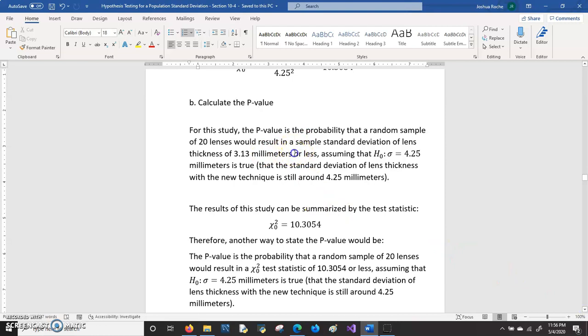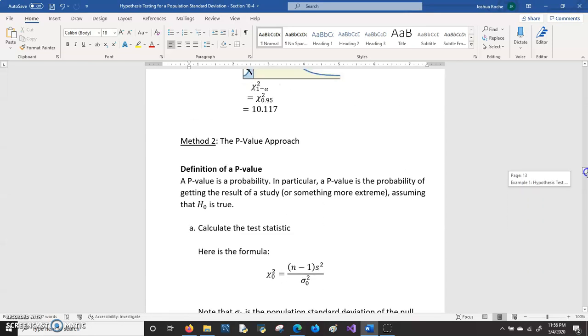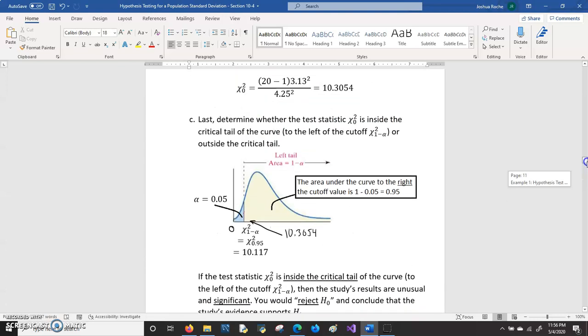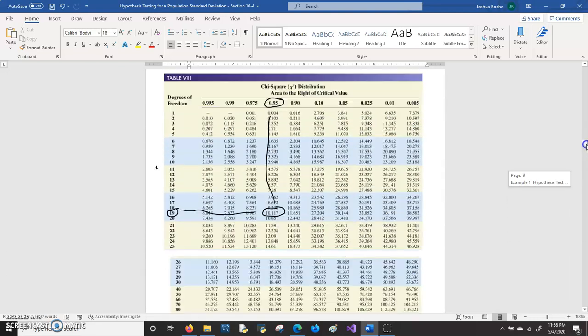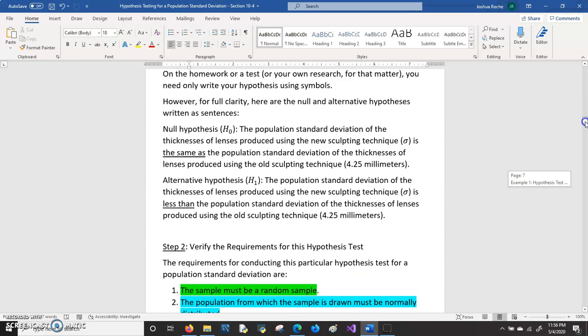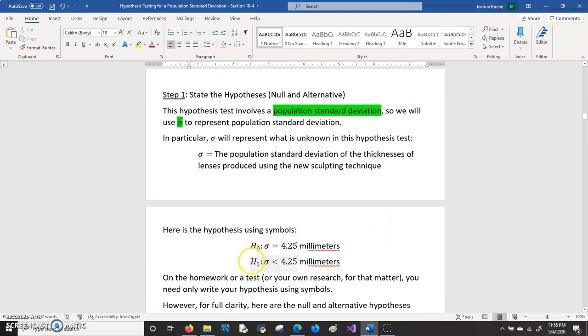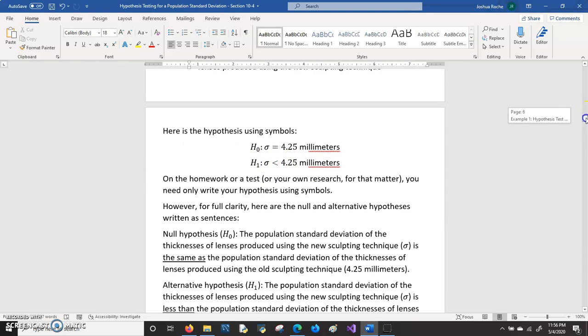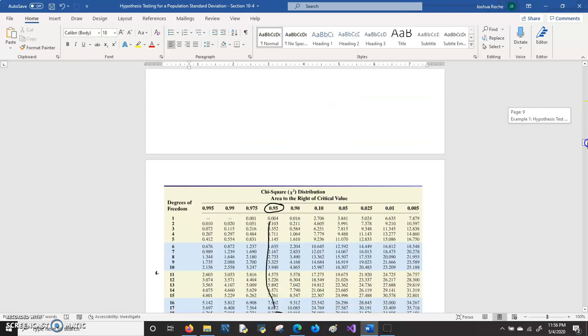So notice in the description I said 3.13 millimeters or less. And that phrasing, or less, corresponds to the alternative hypothesis. Remember, this was a left-tail test, and the alternative hypothesis was less than. So everything that we do from here on is going to be in terms of less than.